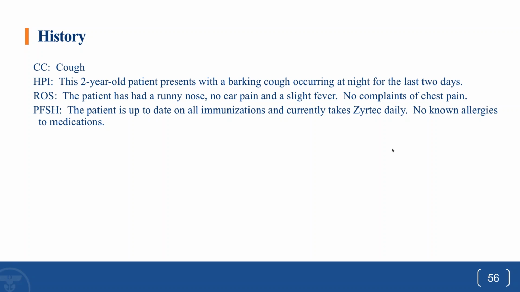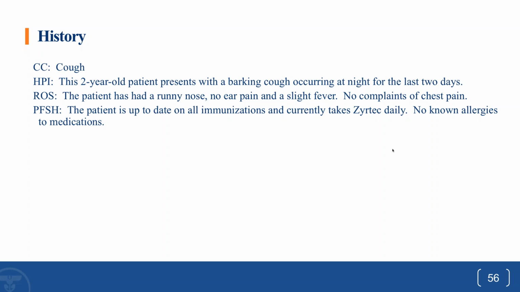So the fever, weight loss, that goes under constitutional. And then it says no complaints of chest pain. That's your respiratory, right? So how many do we have for your review of systems? You had 3. So what do you say 3 is? 3 is going to be, so your ROS is extended, right? Your ROS is extended.